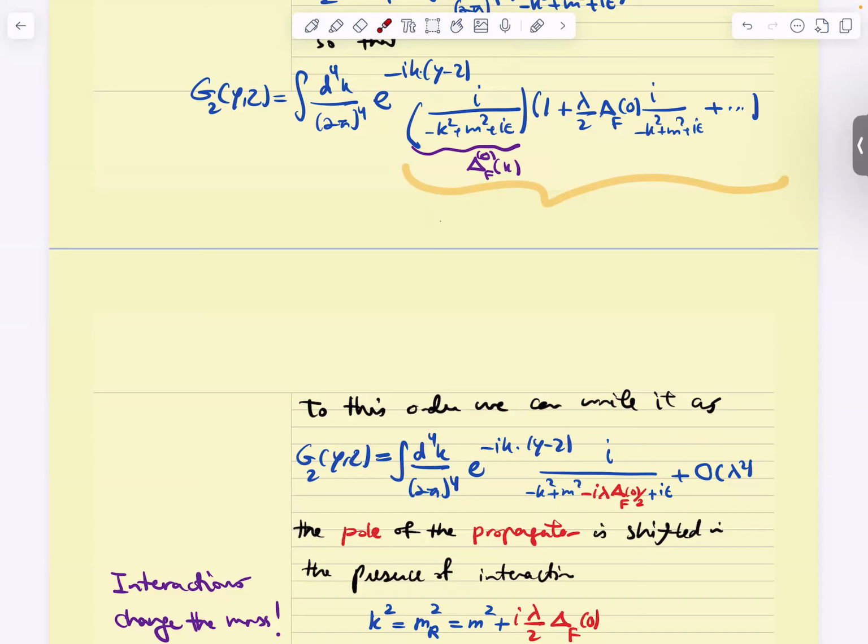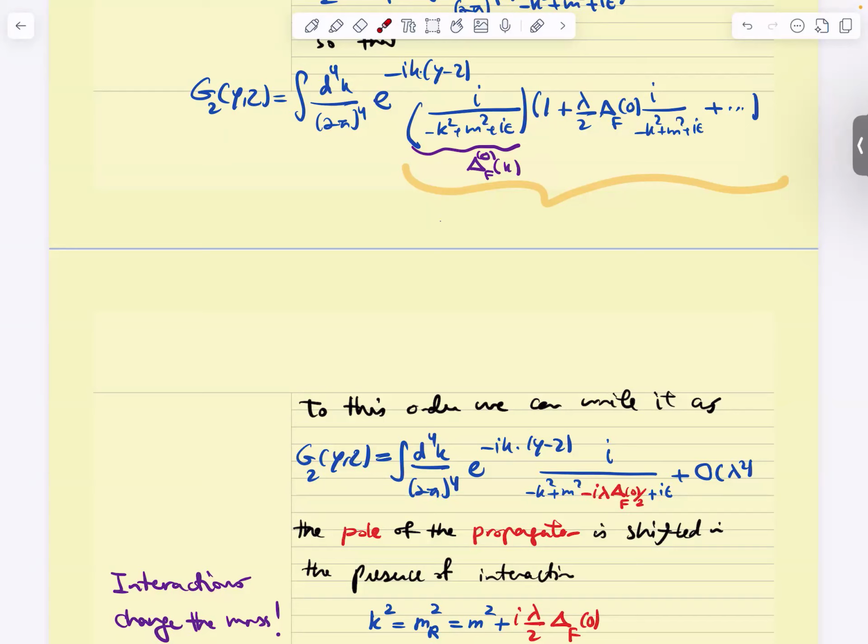Whereas the first order perturbation to the propagator just moves these guys. It shifts the poles to the first order. It just renormalizes your mass. You could view the effect of it as mass being dependent on lambda.